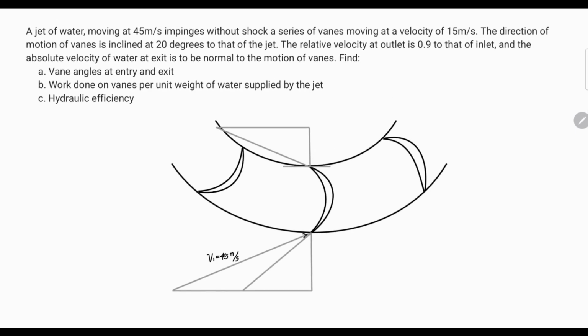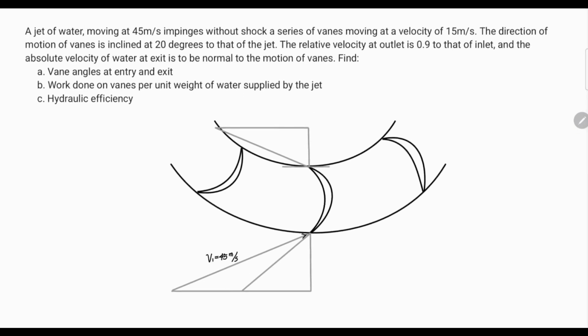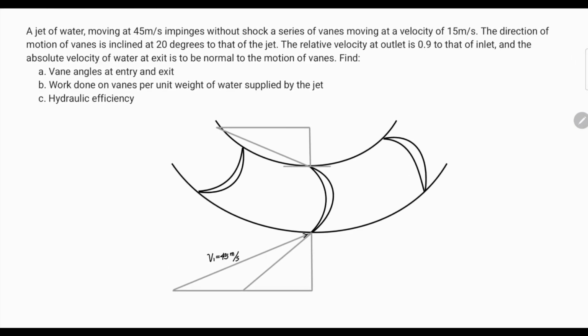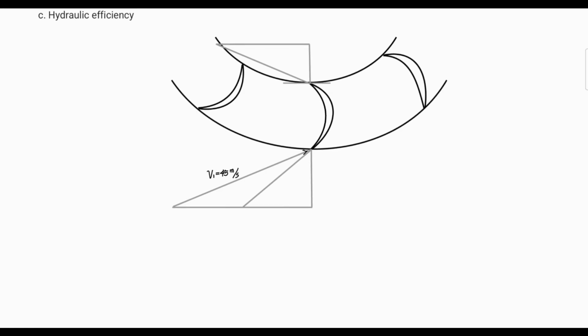And then the vanes are moving at 15 meters per second, and that movement is along the x-axis. So it is here. V prime is equal to 15 meters per second. V prime is the movement of our vanes.